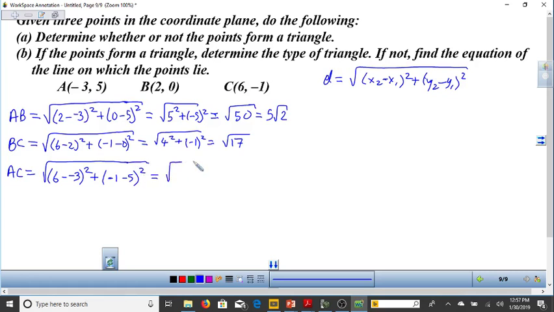And that will give us 9 squared plus the square of negative 6. 9 squared is 81, and 81 plus 36 is going to give us 117. Now, it turns out that 117 is divisible by 9. So that gives us 9 times 13 under the square root, which is 3 square root 13.